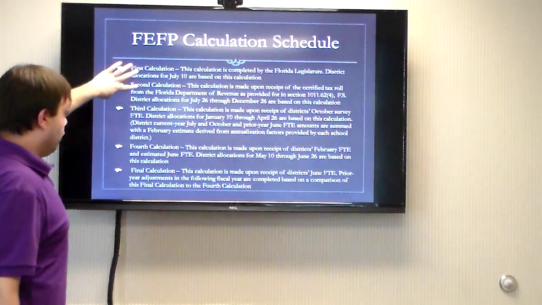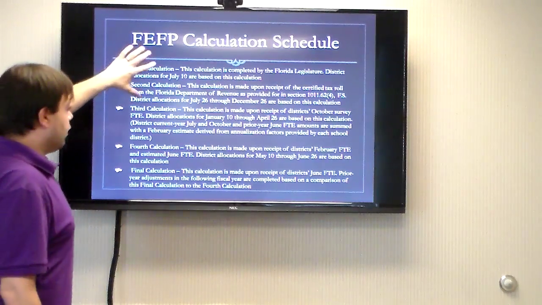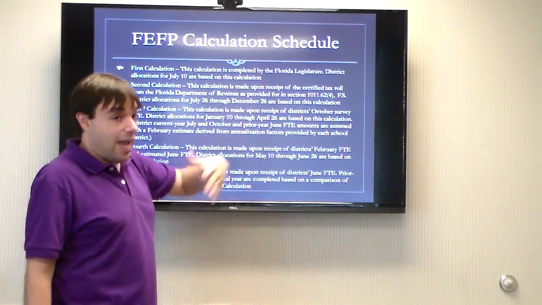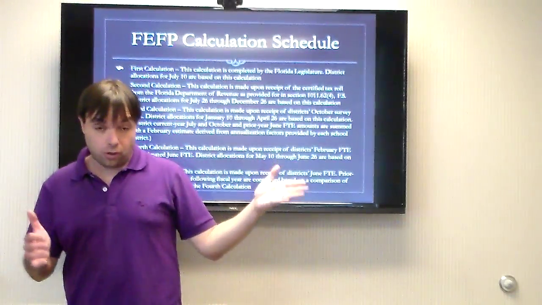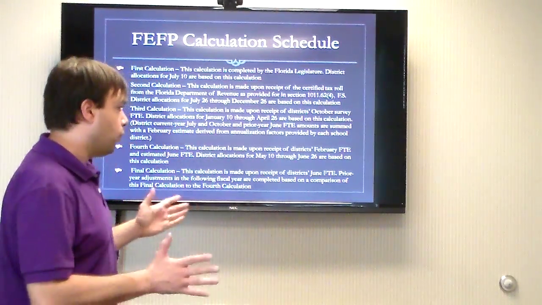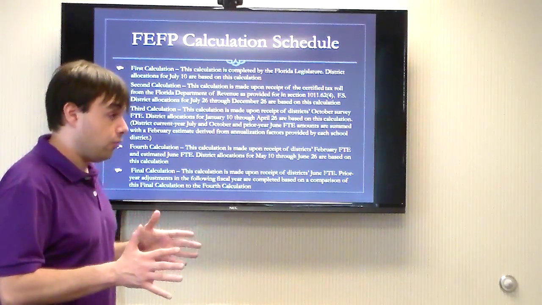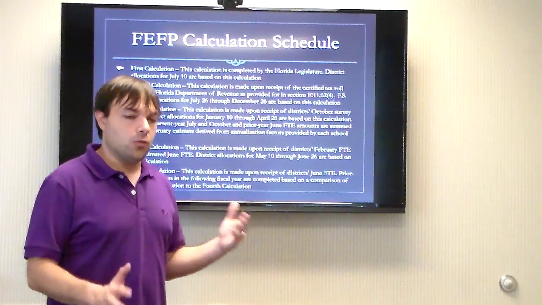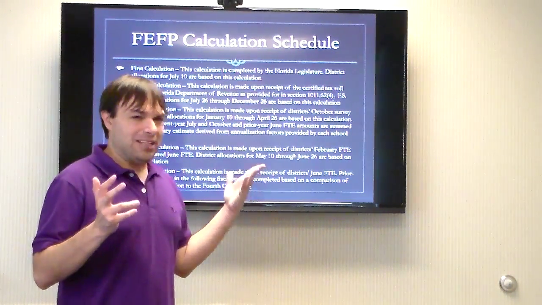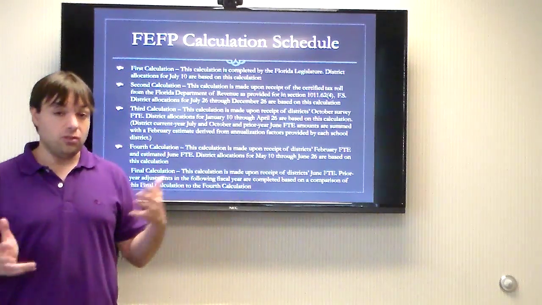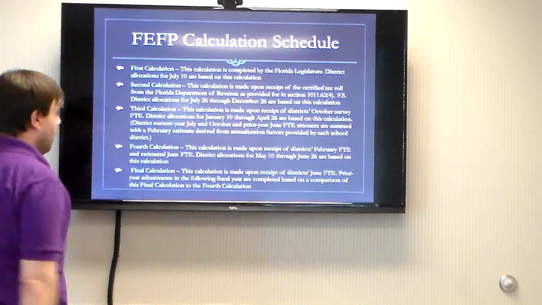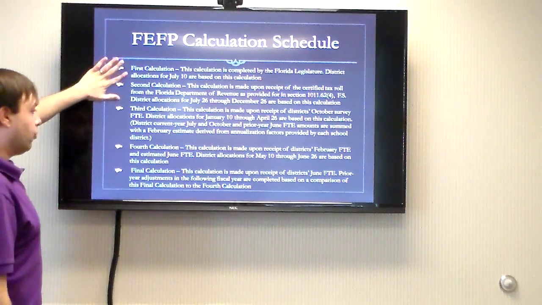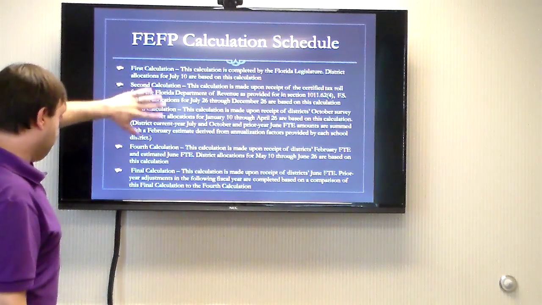Then the second calculation is however taxes are structured, who pays taxes, who's living in the district currently during that period, and some of you that are in more urban areas know that there's massive movement between it. Nobody in here is Miami-Dade County, but you know this is kind of a problem, the transient nature of Miami. So that calculation looks at the tax systems.